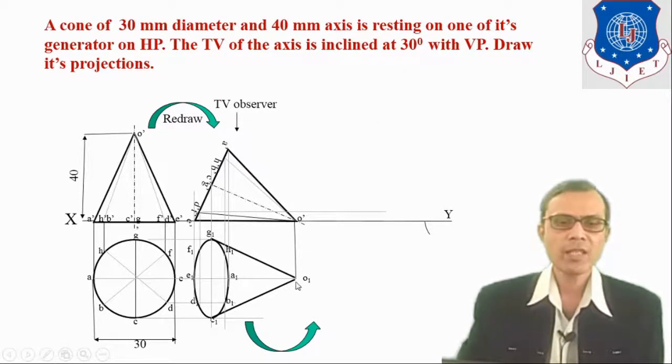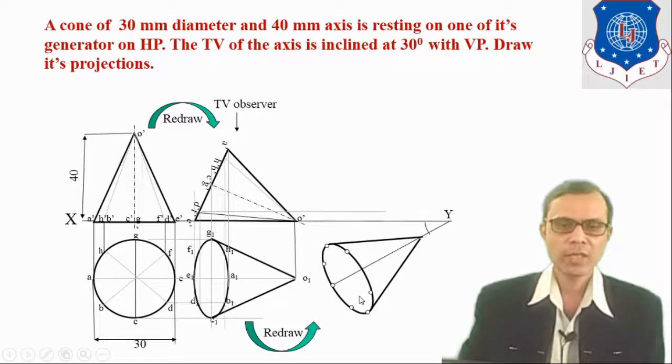So this axis is to be made inclined with the XY line at 30 degrees, and with that reference this view is to be redrawn over here. So it is now redrawn. The same view is redrawn here. The size is not changing, only its orientation is changed.